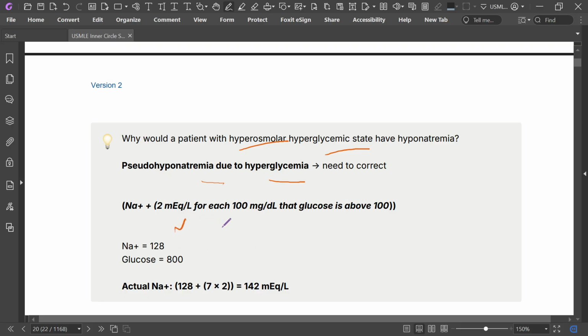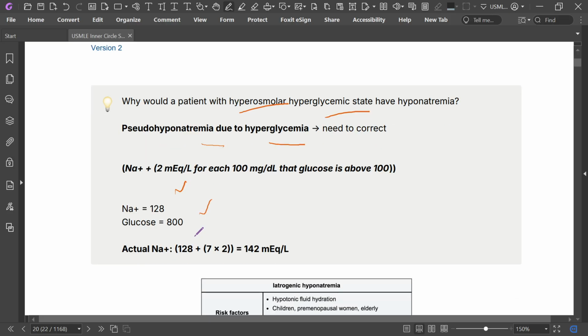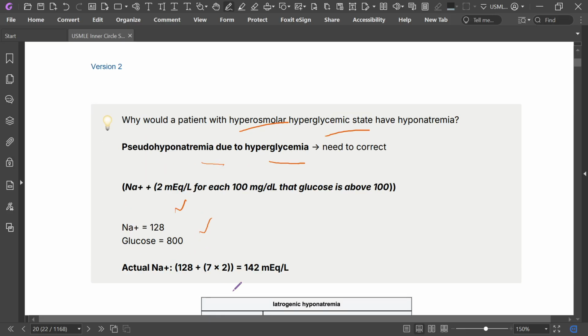That means if sodium is 128 and glucose is 800, actual sodium is 128 plus 7 times 2, equal to 142. So this is the calculation of how we can calculate actual sodium in case of HHS.